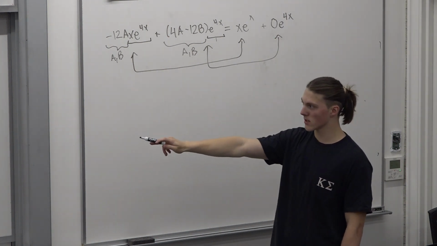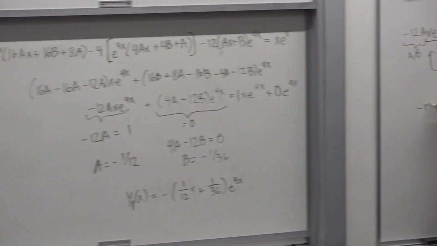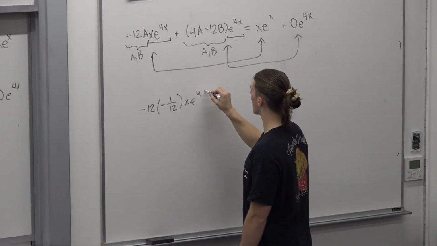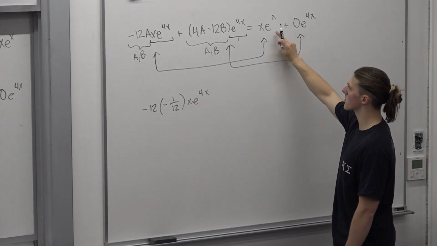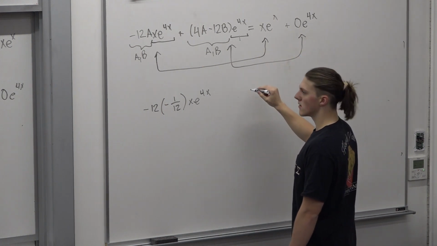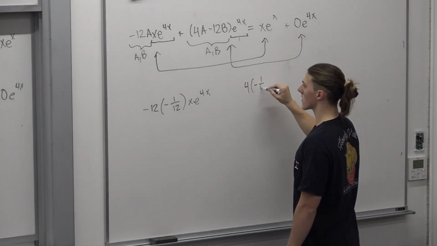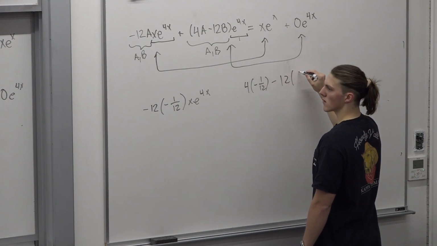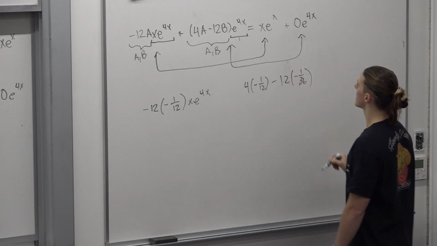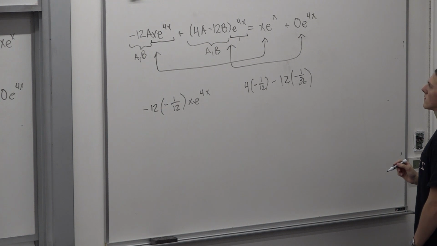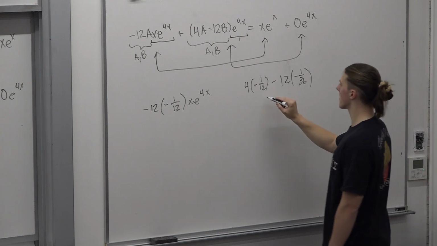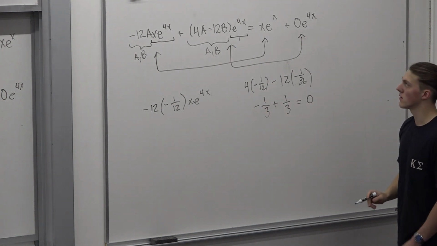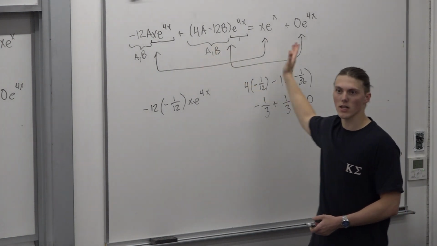So if I was to actually plug in the answers I found, I would get the same term here, and then likewise for the other one. We're just trying to make these sides look alike.